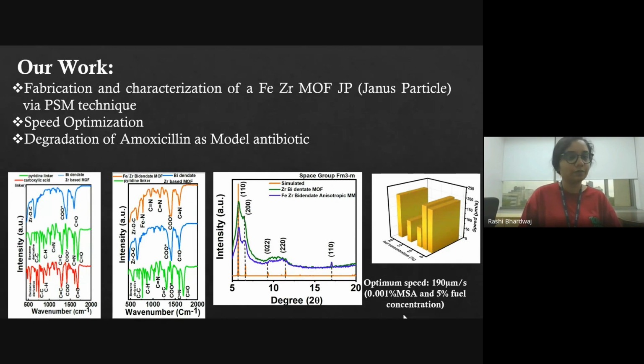Then the speed optimization. As you know, one side is reactive towards a fuel, which is hydrogen peroxide in our case, and the other side, the zirconium-based MOF, will act as a catalyst towards the degradation of amoxicillin antibiotic, which we have taken as a model antibiotic. This whole work was to form a Janus particle, a self-moving MOF-based particle, which can degrade antibiotics present in effluent water.